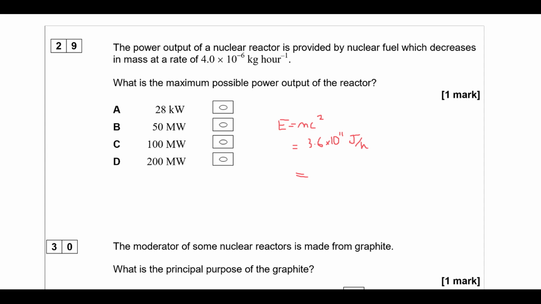And we want joules per second, so divide by 3,600, which is 100 megawatts, or 100 million joules per second there. So that's option C.